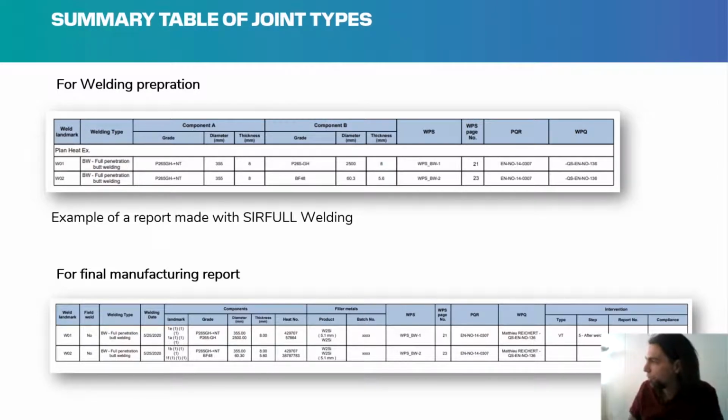And just below, for the final manufacturing report, you've got more information, for example the effective, really precise WPQ used during the fabrication. Just above, you put the WPQ that you think you will use during the fabrication, but just below, this is the effective WPQ.